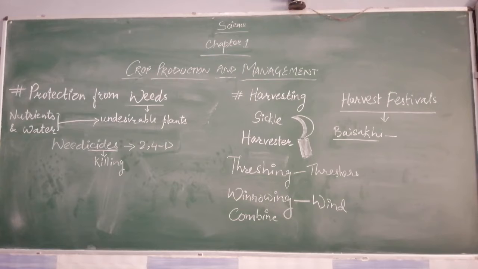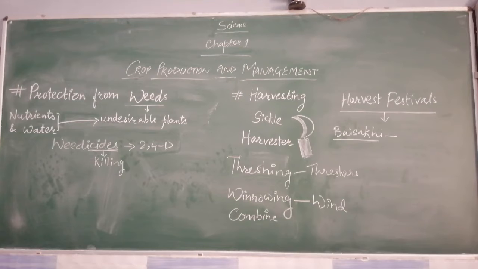There is one more method, which is using weedicides. Now, what are weedicides? The term 'cide' always refers to killing, as we have learnt about pesticides. Pesticides are the chemicals which are used to kill the pests, the small organisms or animals.